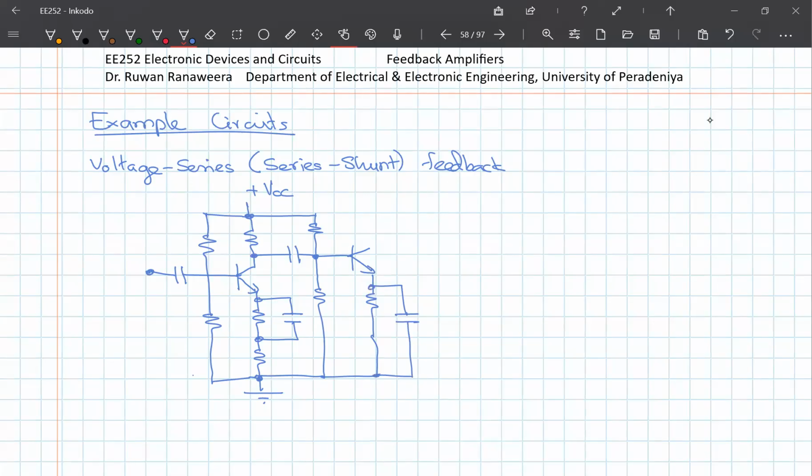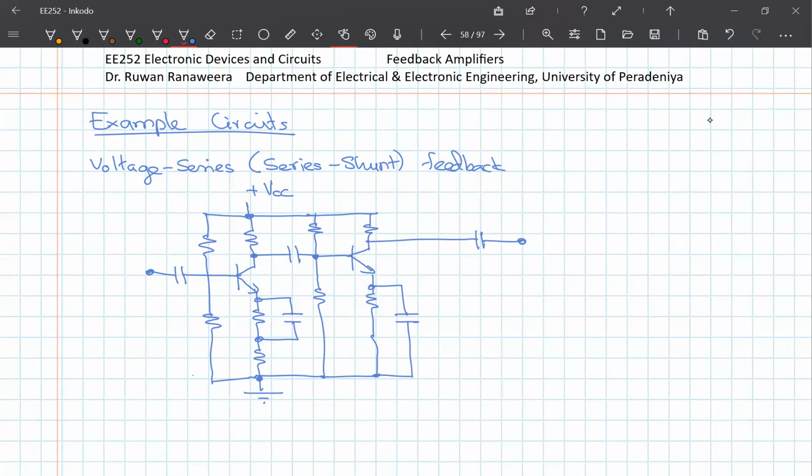And this is my load, so basically this is my RC, and output is a voltage from here. This is my output circuit.